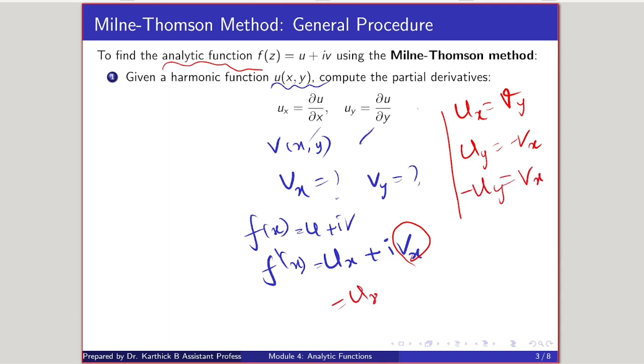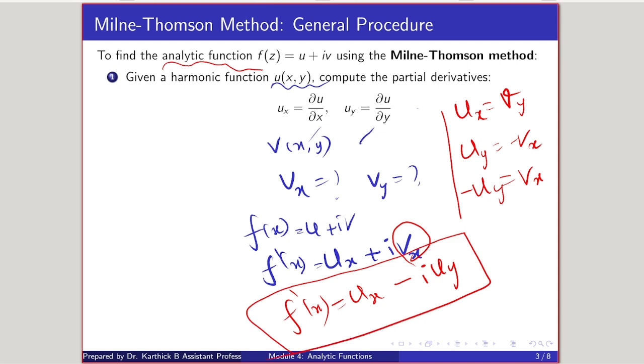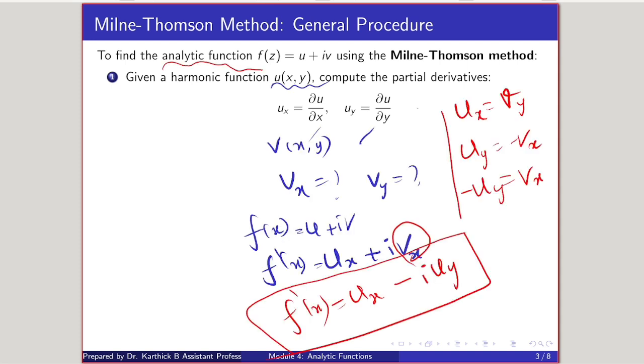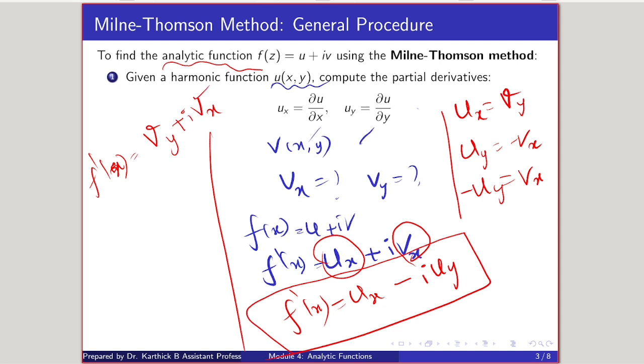Therefore f dash of z can be written as ux minus i uy. If they have given v, we may rewrite ux as vy, so f dash of z will be equal to vy plus ivx.